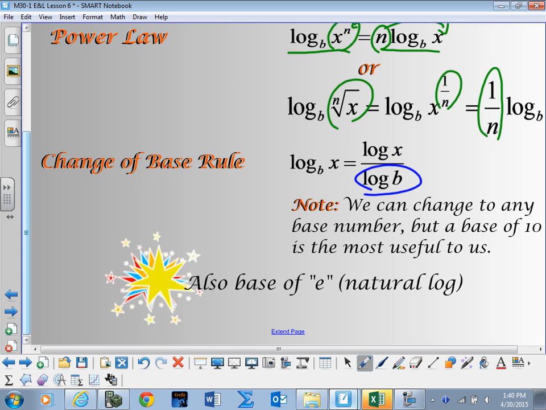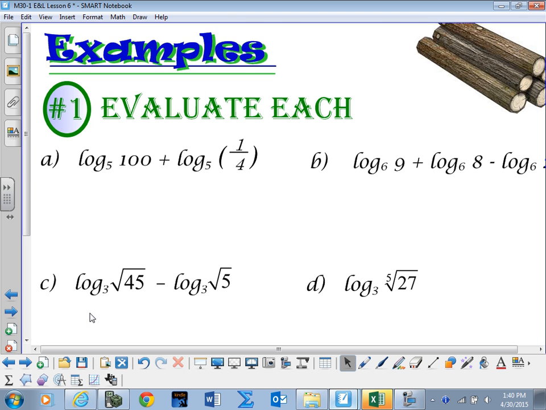So we use base 10 because our calculators are base 10, but we could change any base using this rule. Okay, so the natural log base e, we don't use that in this course, so I'm just going to ignore that. So, evaluation of each of these logs.